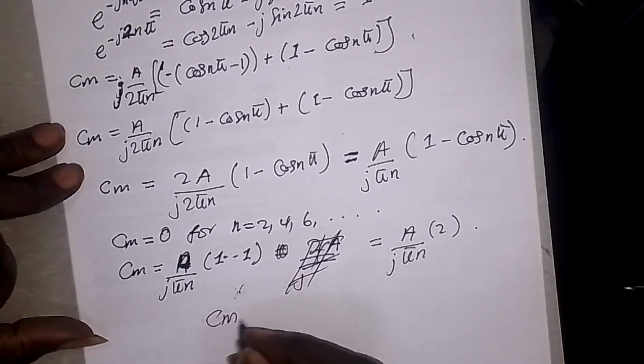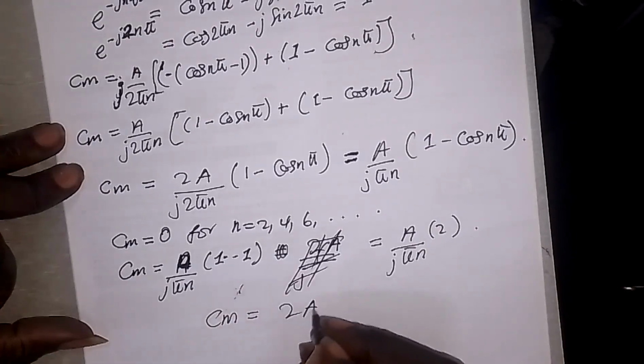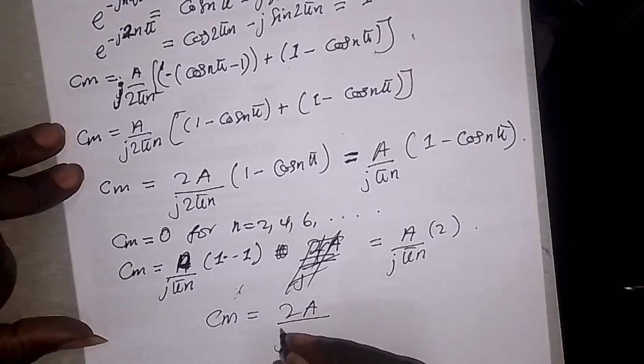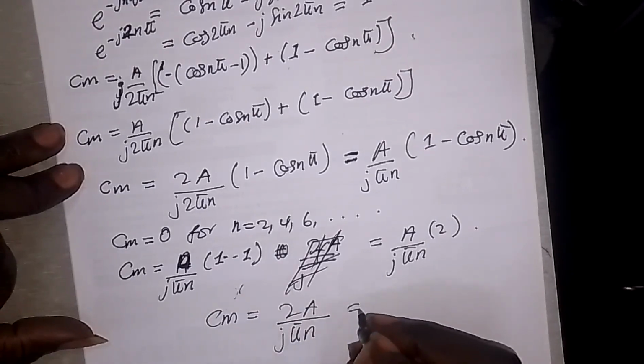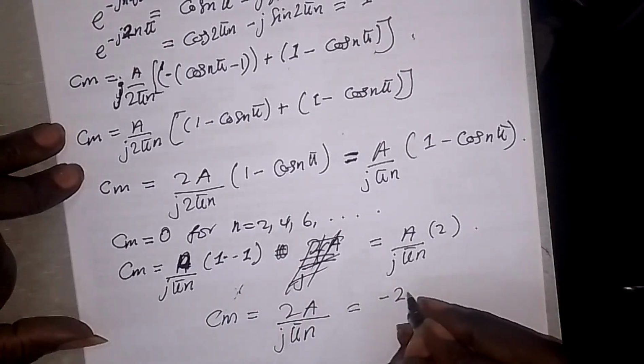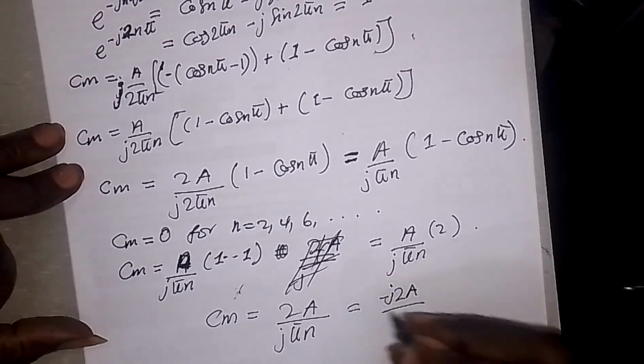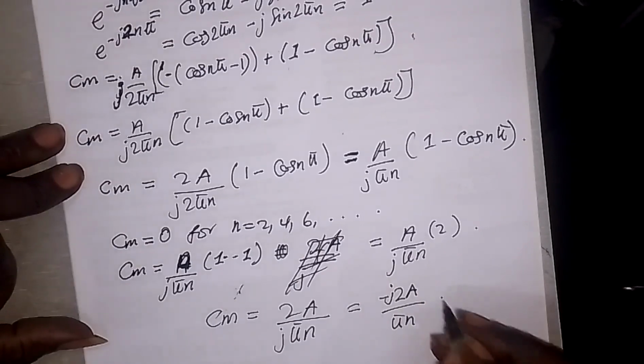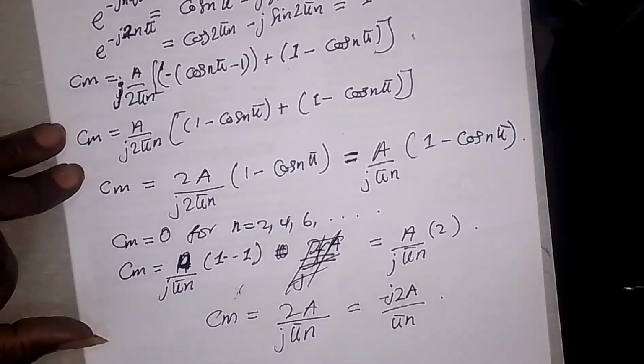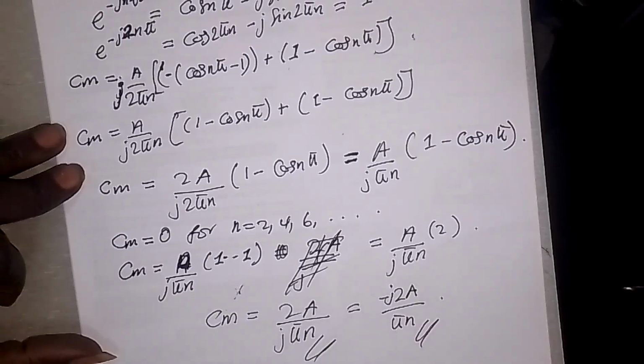So now Cm is equal to 2a on j pi n, which is equal to minus j, in terms of complex numbers, 2a over pi n. Okay, so basically this is what you get for your Cm.